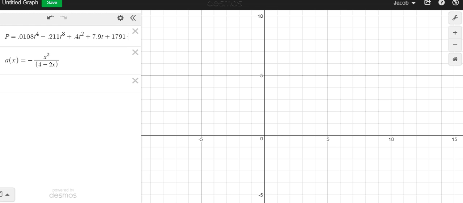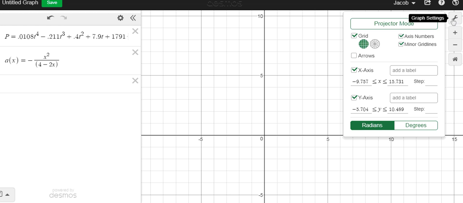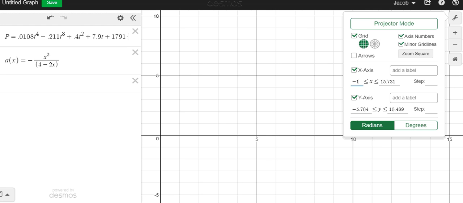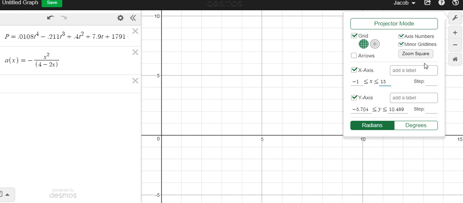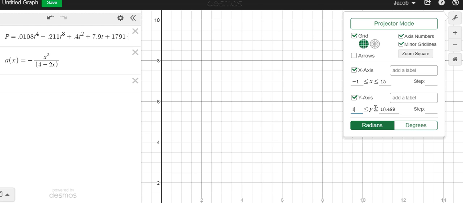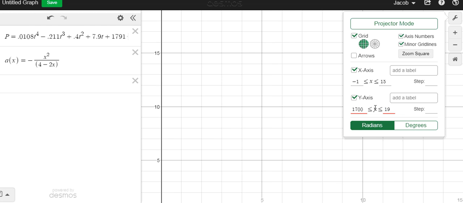So I'm going to adjust the axes here because I can't see this right now. Let's see. That's X. So -1, 15, and this I'm going to make 1700, 1950.